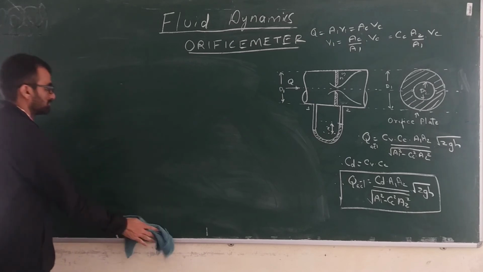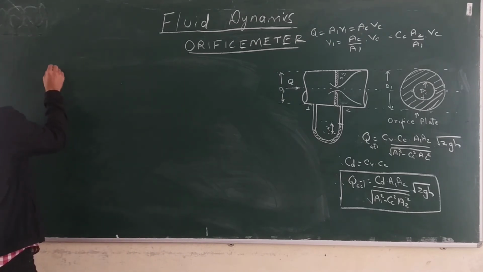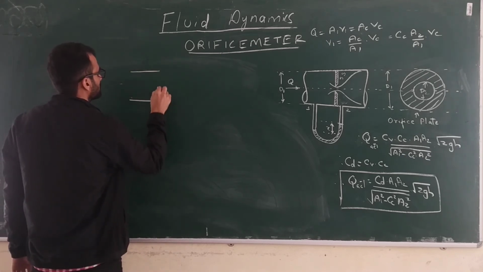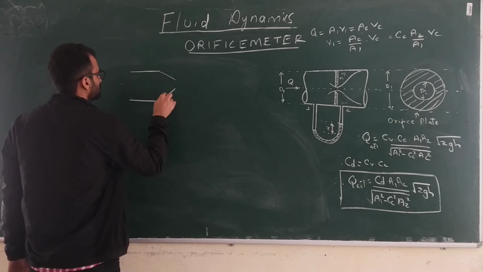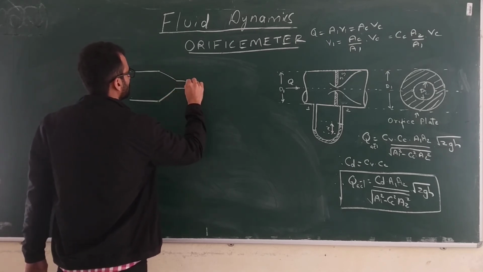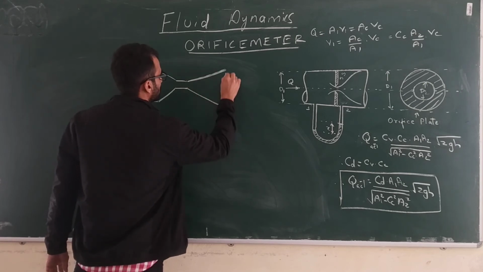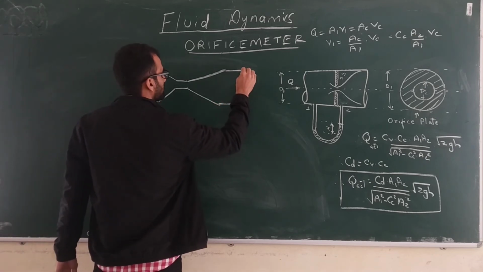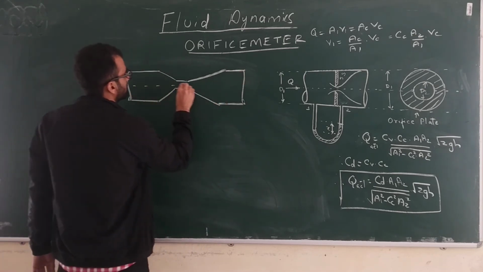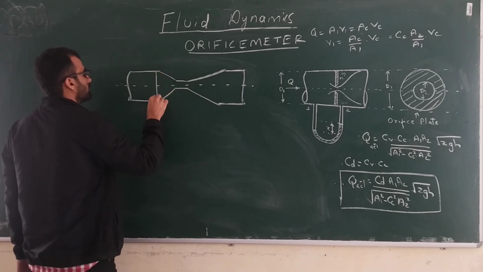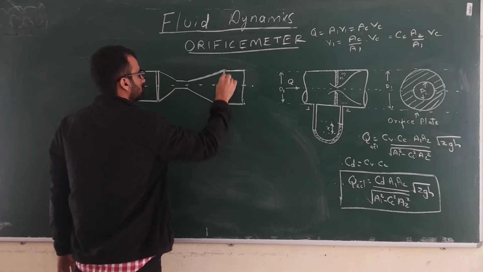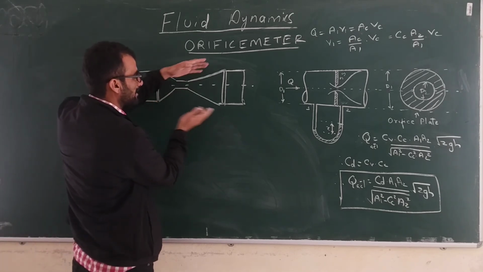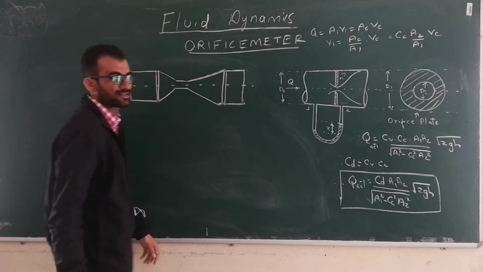Like if you have a venturimeter, the same pipe you can measure the flow discharge using a venturimeter. Okay, this is your venturimeter. We have a converging cone, throat and a diverging cone. And this is your orifice meter.